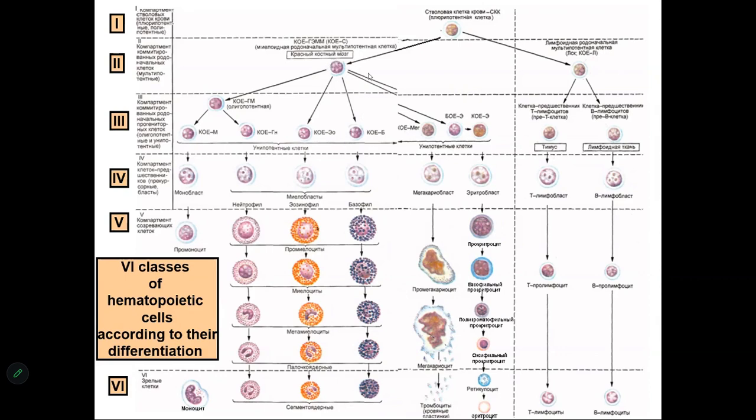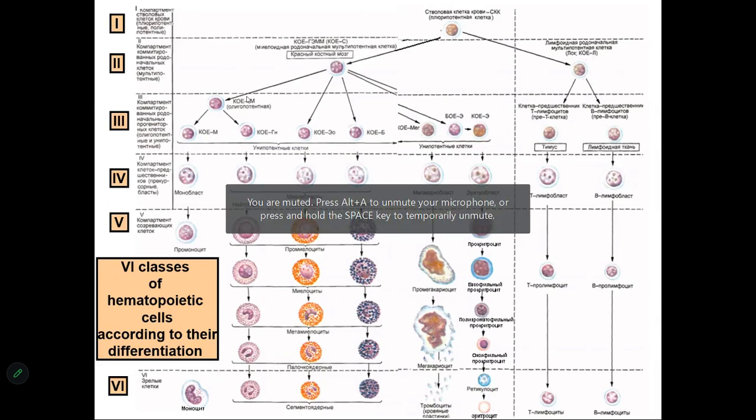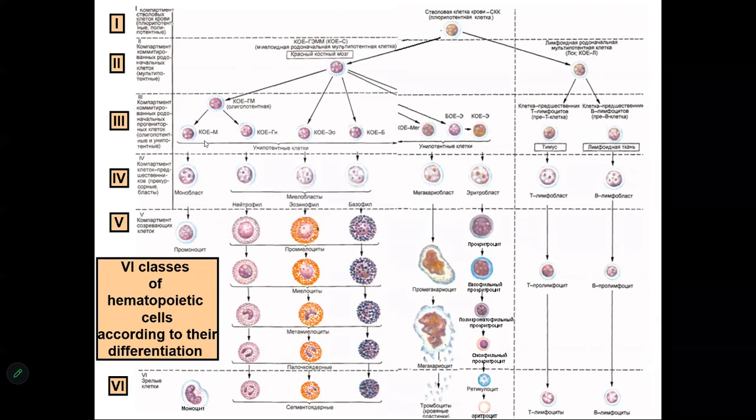Semi-stem cell, two kinds of the cells. These cells also look like small-sized lymphocyte. The class number 3 we describe as colony-forming unit.